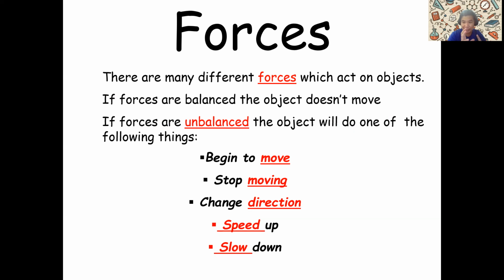Let's say, for example, a soccer ball. If you kick a soccer ball, it will start moving. Or let's say that a soccer ball has been kicked and it's currently moving. You apply unbalanced force to it, it might actually stop.